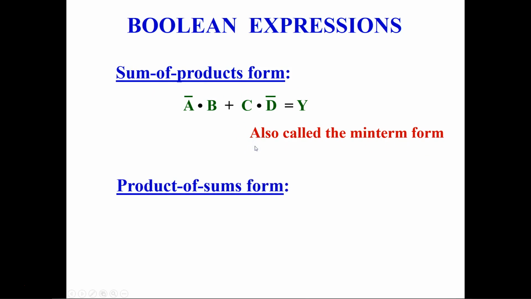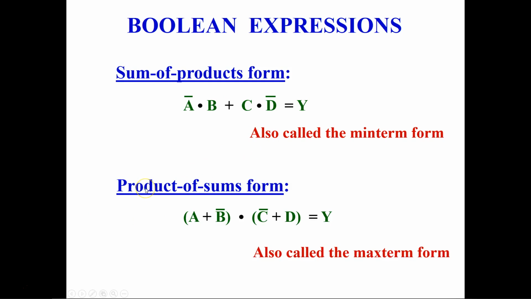Next we have another form which is called product of sums. As its name suggests, product of sums. This is a product, you see a dot here. This is the sum, (A + B bar), and then (C bar, or C complement, + D). These are sums, and we are taking the product of these sums.